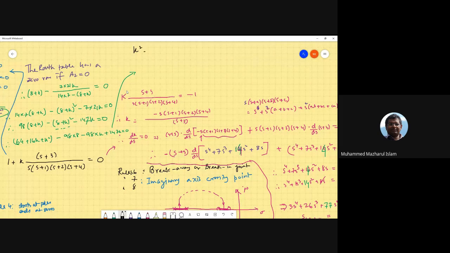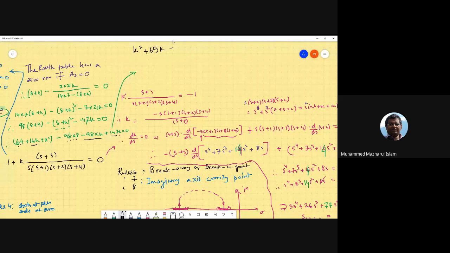K square, what does it come to? 16k minus 98 plus 147, what is it? Calculate and tell me. 65? 165? No, what? Only 65k, and then we have 64 and minus 98 into 8.